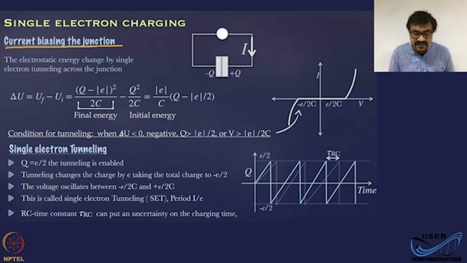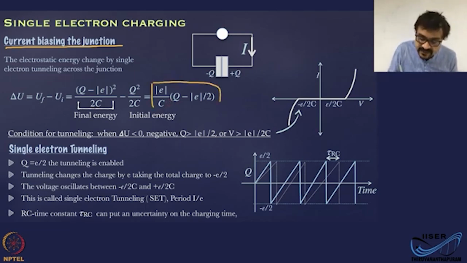Then the energy difference between before and after is (Q minus e) squared, that is the final charge, and Q is the initial charge, and the square of this charge divided by the capacitance is going to give you the final energy. Here the square of the initial charge by the capacitance gives you the initial energy. So the difference here is delta U is this quantity here, e by C into (Q minus e by 2). That's what it is.